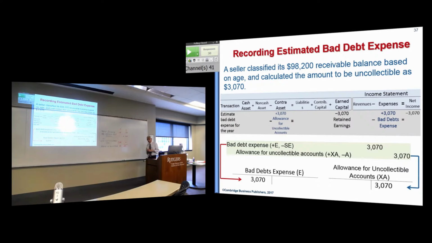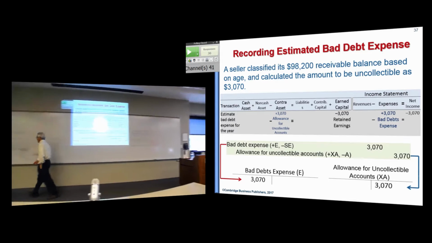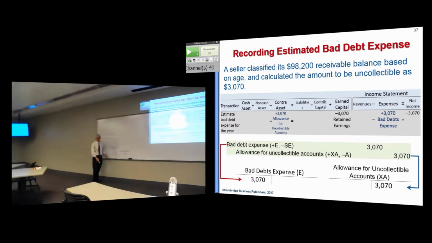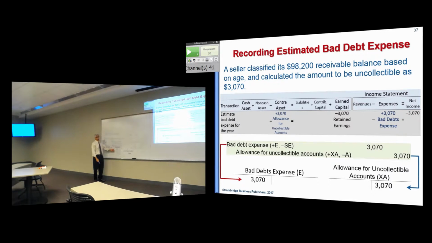Now, because this was a balance sheet approach, if there was $100 in that balance already, that would have reduced this to $29.70. If there was a debit balance of $200, the adjustment would have been $32.70. So depending on the balance, since this was a balance sheet approach, our main concern is to get this net realizable value at 566,930.